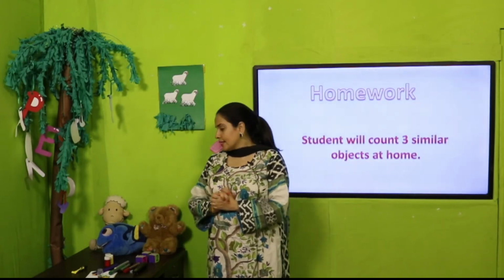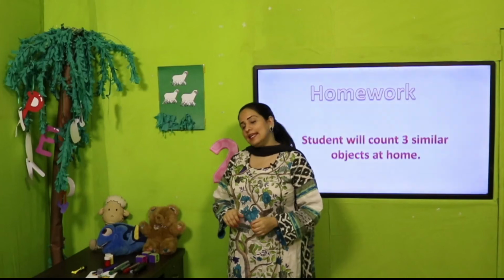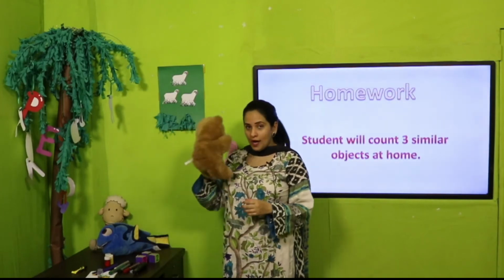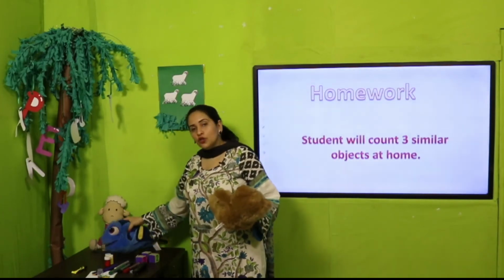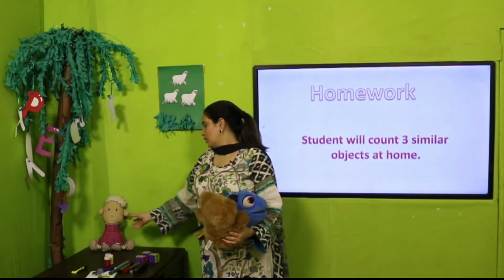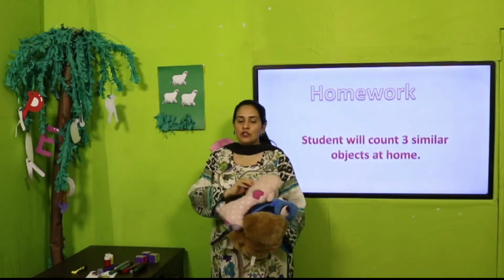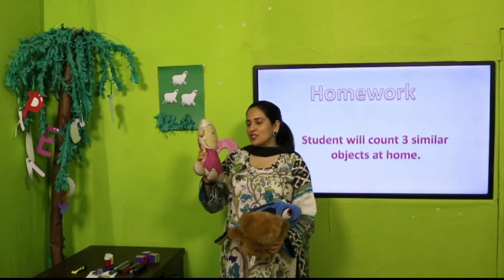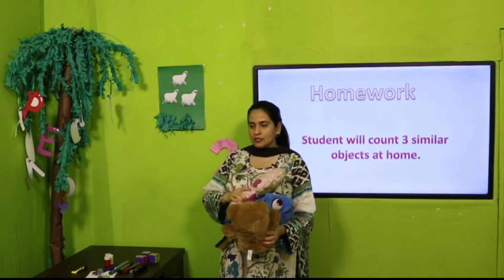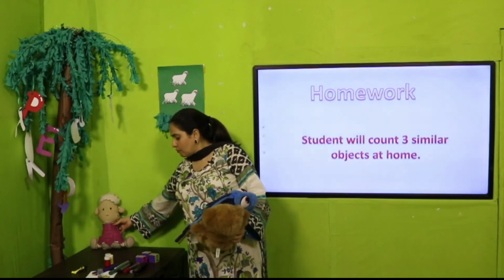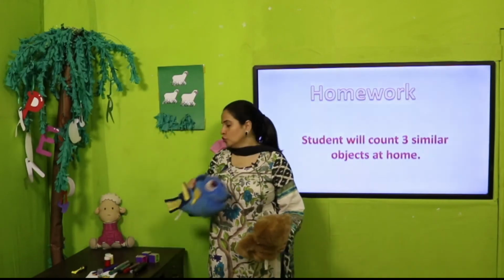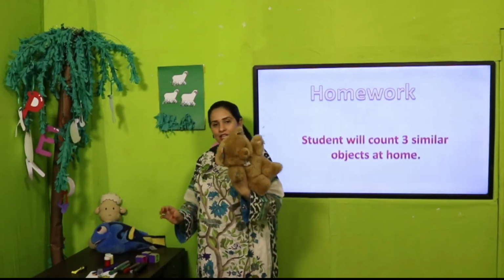Let's practice this exercise in our class. Can you see some toys on my table? Some soft toys? Let's count them. 1, 2 and 3. So how many toys do I have? 3 soft toys. Very nice. Let's count them once again. 1, 2 and 3.